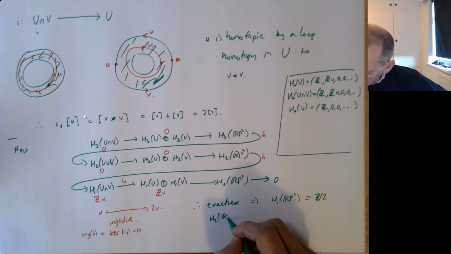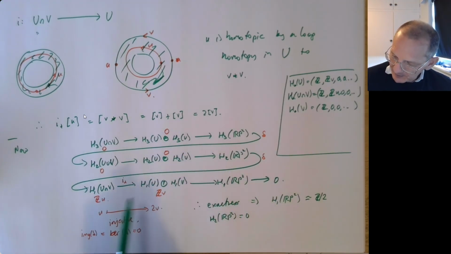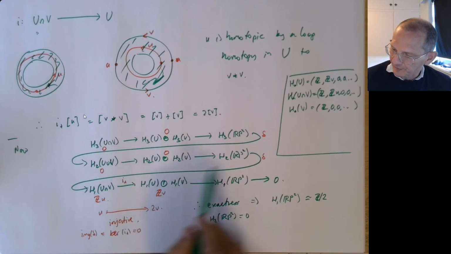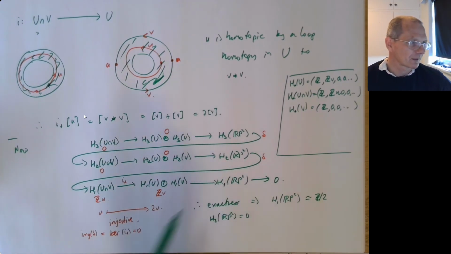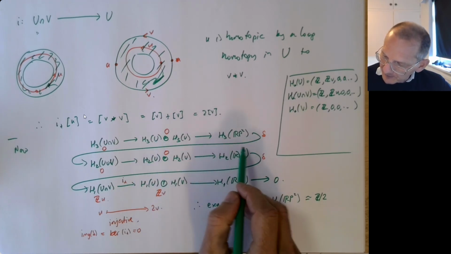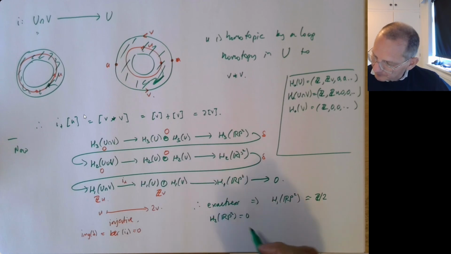H2 of RP2 is also 0 by a slightly more complicated argument, because this i lower star is injective, so the image of delta is 0, and delta is also injective, so the actual group has to be 0. And then by an easier argument, this H3 is trivial just because it's sandwiched between this 0 and this 0.